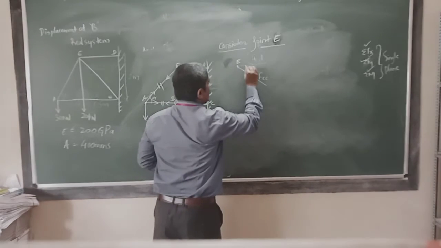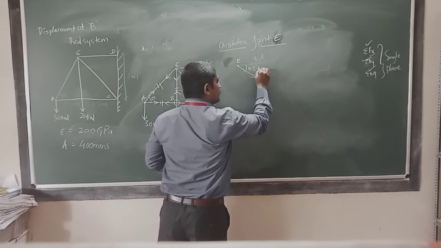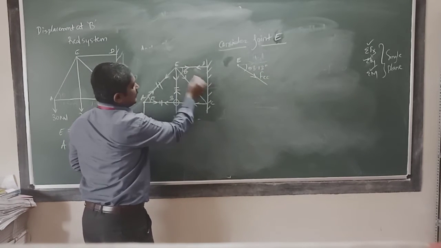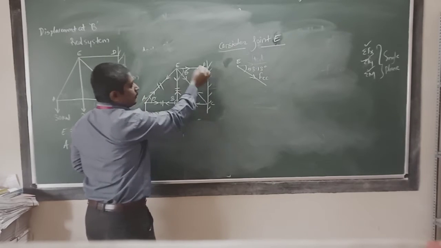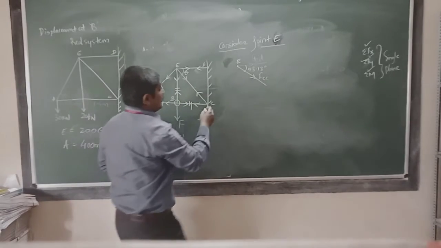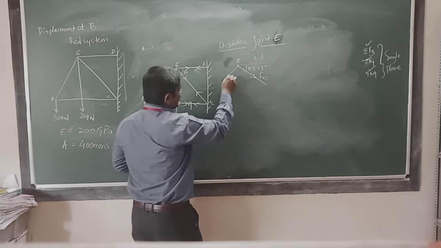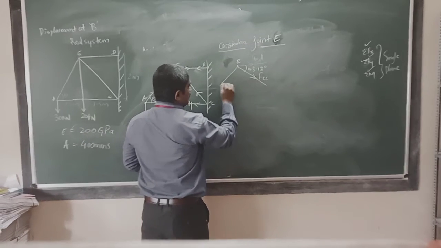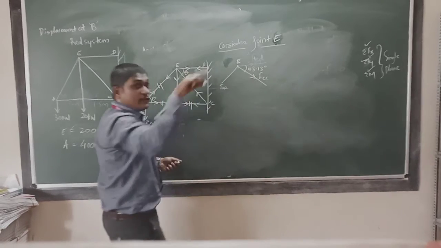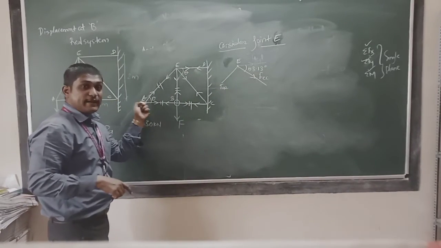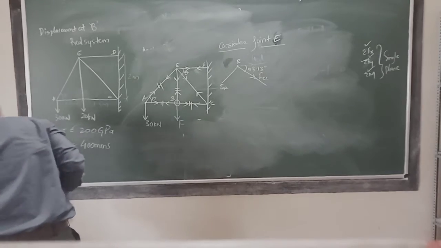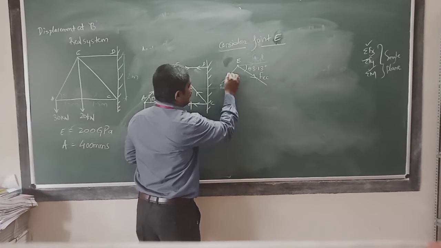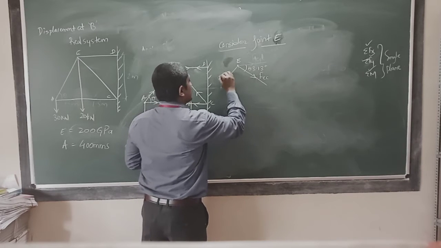Okay, and this angle will be again 53.13 degree only. If you calculate this theta, tan theta is equal to 2 divided by 1.5, you will get 53.13 degree. One more member is connected, that is this member FAE. FAE we have already calculated when we considered joint A. So FAE is positive 37.5, means it is in tension only, away from the joint, 37.5.